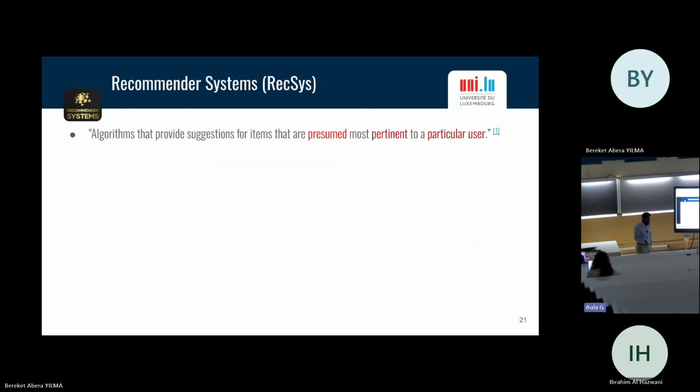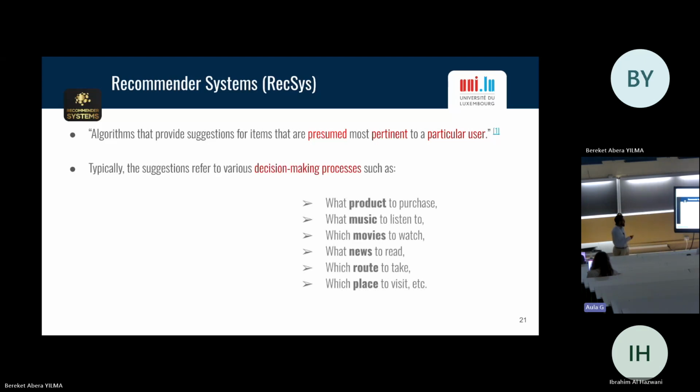RecSys, or recommender systems, are basically algorithms that help us make decisions. So essentially, it has a lot to do with the decision-making process. We're talking about algorithms which allow us to decide on a purchase, on what music to listen to, movies, news, whatever.